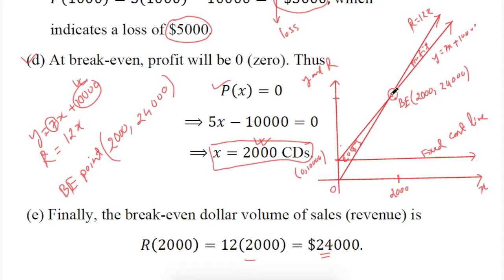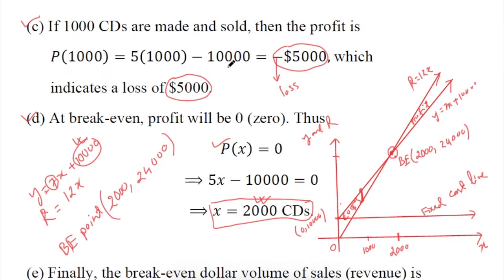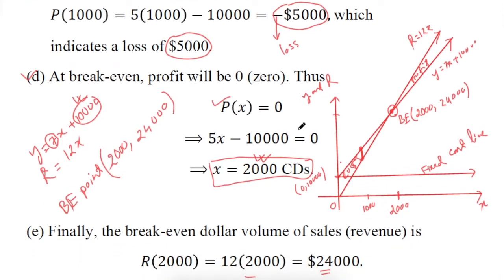And if the company produces less than 2000 CDs, then the company will be in loss of this amount. This is R and this is Y. If you subtract R from Y, then this amount will be the loss for 1000 CDs, and we know for 1000 CDs there is a loss of 5000.